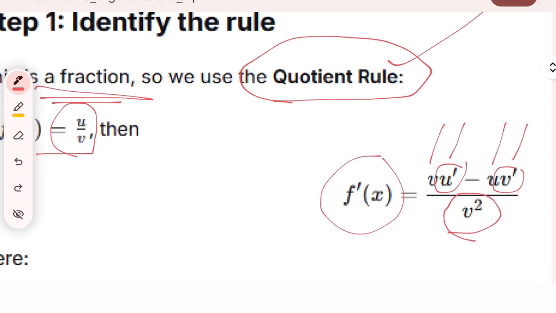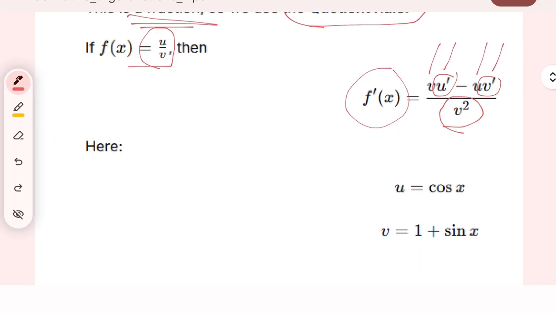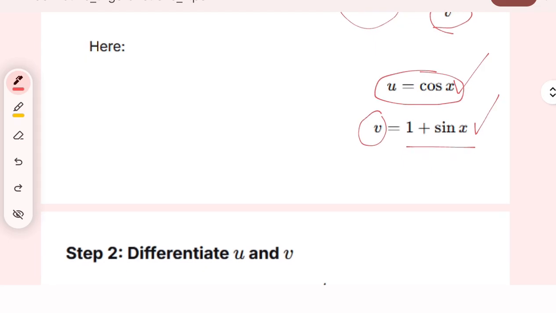Remember, our numerator u is cosine x, and our denominator v is 1 plus sine x. So we take the derivative of each and put them back into the quotient rule.